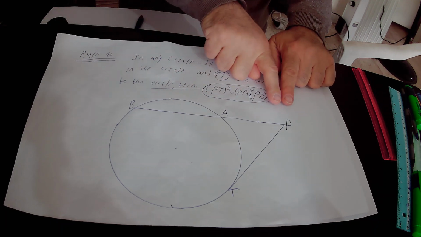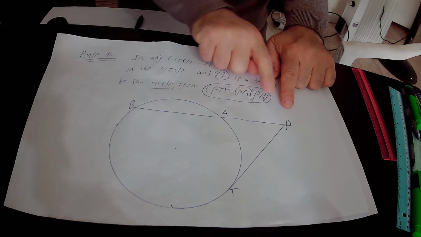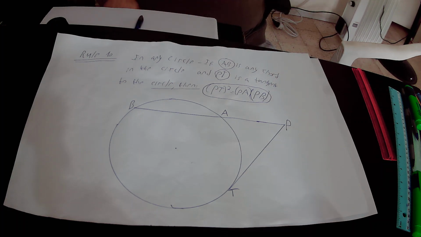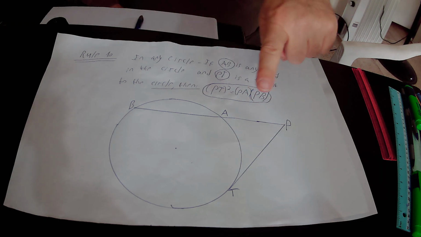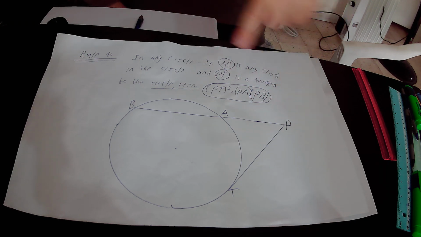So in this drawing, the following equation will be true: PT square equals PA times PB.